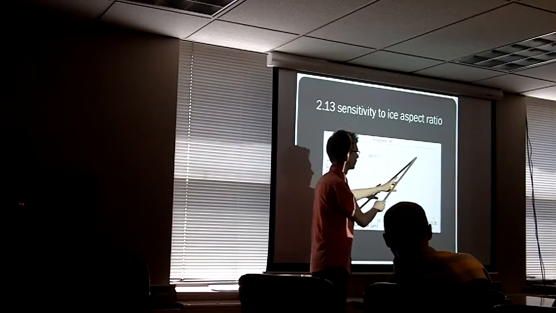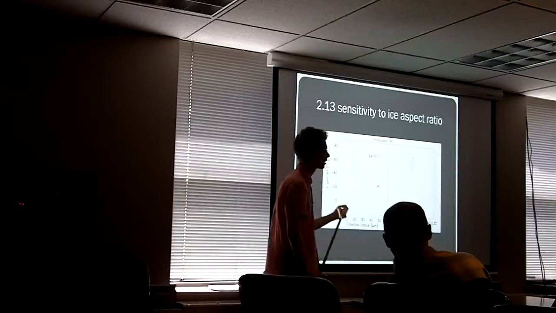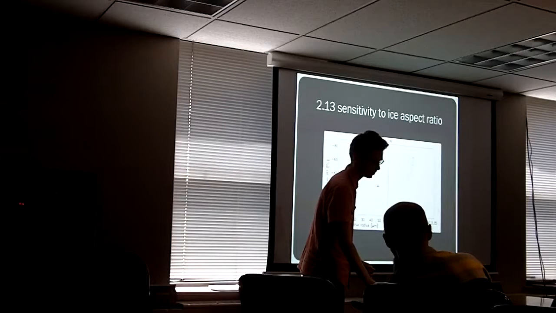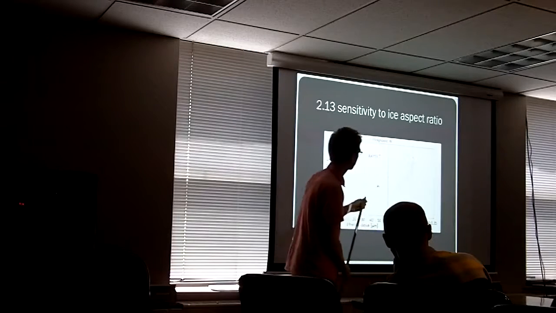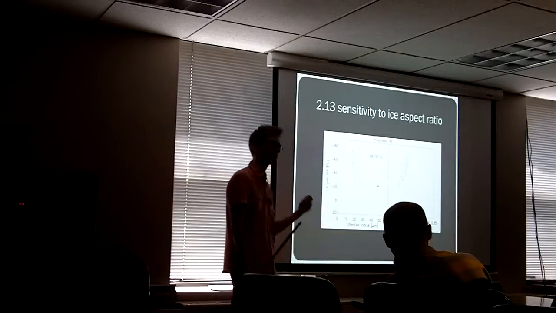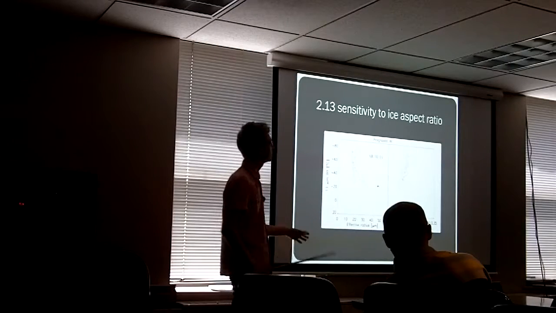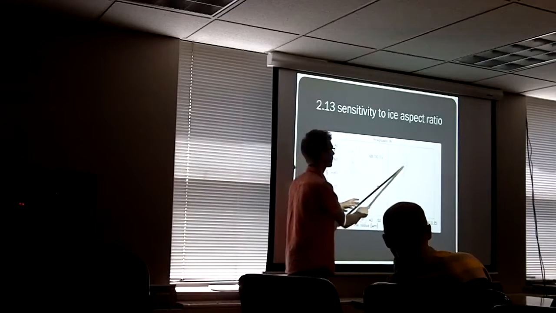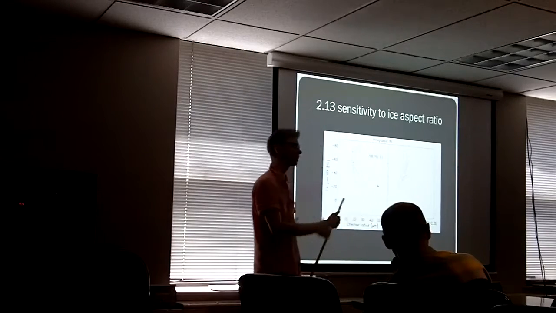You overestimate the reflectance here, so underestimate the particle size. This is for an aspect ratio of 0.7. But if I use an aspect ratio of 0.15, then I get lower reflectances, and actually they end up in the envelopes.